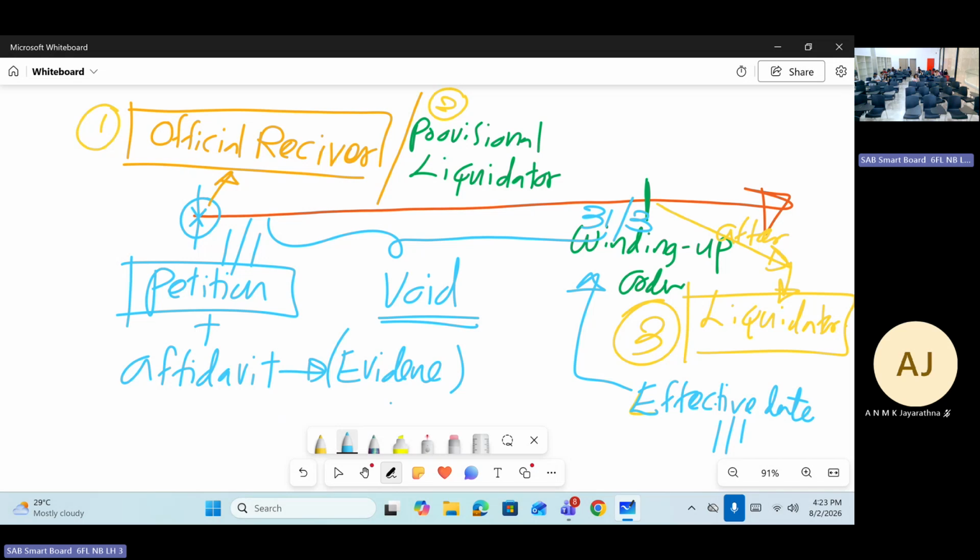Void means no value, null and void. That is because the effective date is treated as the date of filing of the petition. Not from here, from the beginning, the winding up order becomes effective.